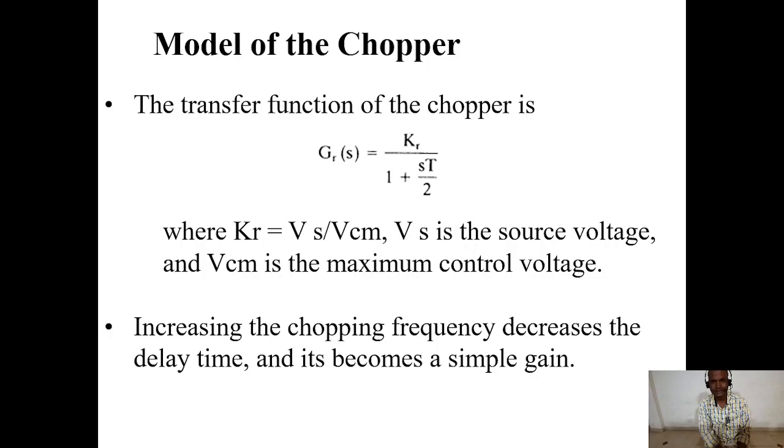So after applying the Laplace transform and maintaining zero conditions, we have the transfer function of the chopper GR of S equal to KR by 1 plus ST by 2, where KR equals Vs by Vcm, and Vs is the source voltage and Vcm is the maximum control voltage. Now increasing the chopping frequency decreases the delay time and it becomes a simple gain to the controller.